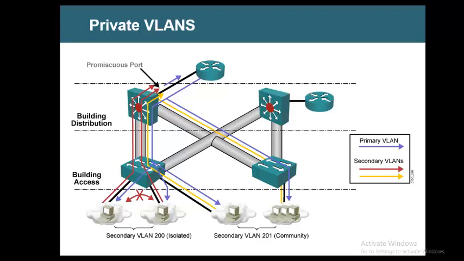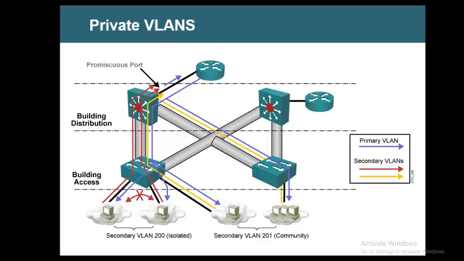See, with the help of private VLAN, that's why it is called private VLAN, you can make the members of the same VLAN not talk. Members of the same VLAN usually communicate, but here they don't communicate. There are three modes in private VLAN.